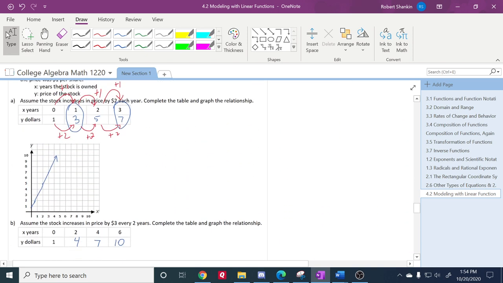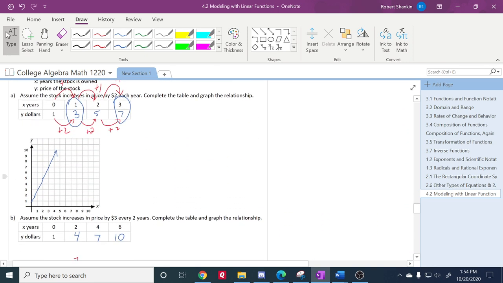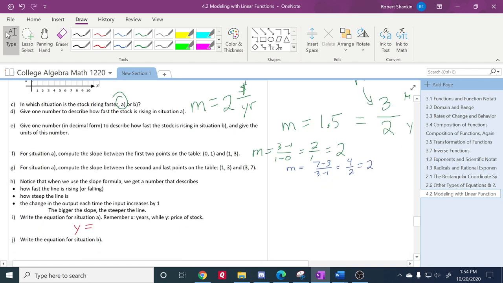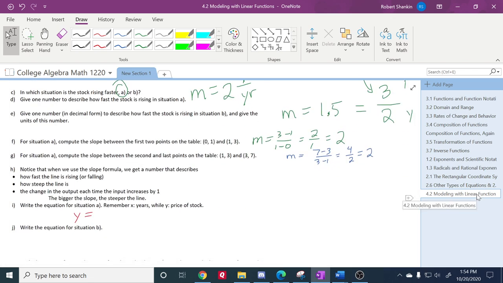When I write the equation of a line, I get stuck. I can see this table here, and I can see the graph, but how do I write the equation of the line? The thing that unsticks me is a form that I remember: y equals mx plus b. Oh yeah, for a straight line.